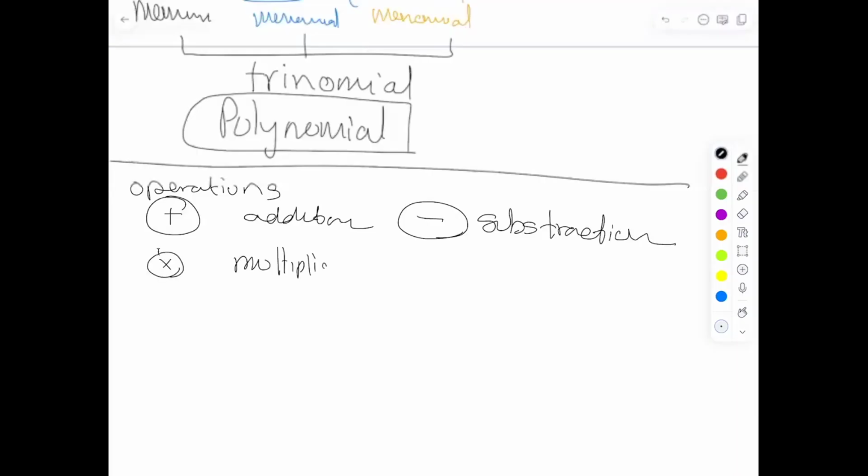It sounds simple, but it's not. Each of these has its own rules. All right, so let's look at some examples of how we add and subtract polynomials.